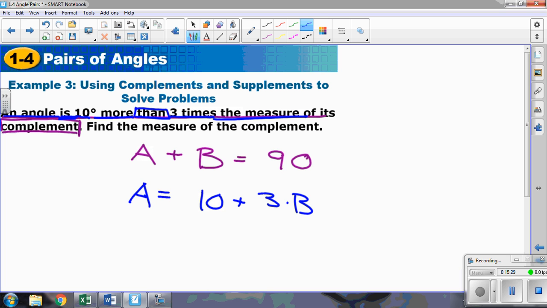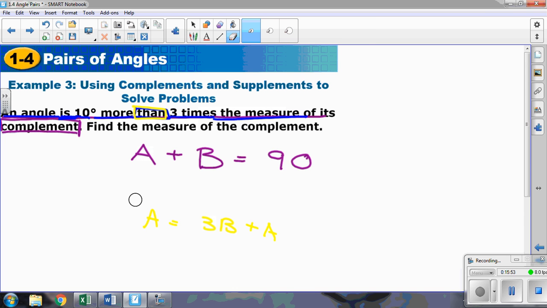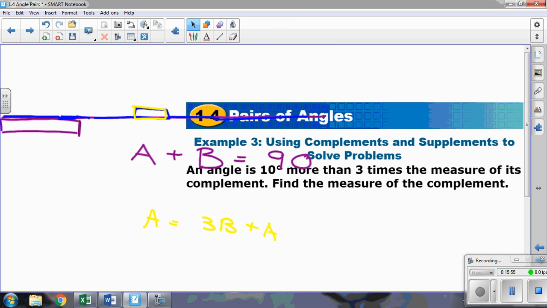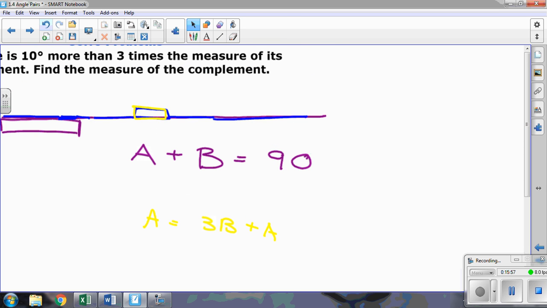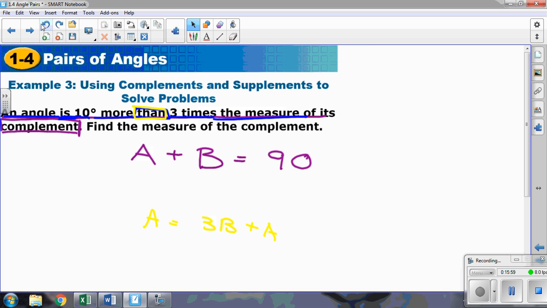We're just reading it step by step, writing down what we're reading. Because of the presence of this word then, we know that this piece actually needs to get flipped around. And so we then have 2 equations to work with.